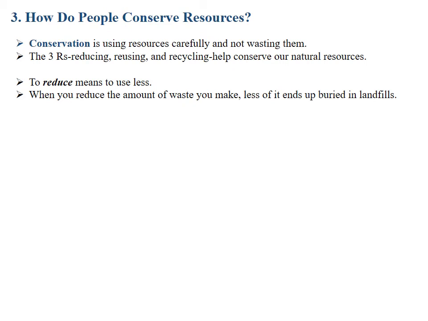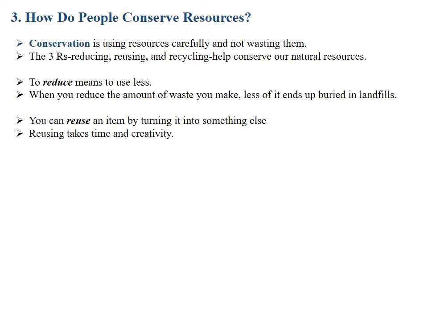Reduce means to use less. When you reduce the amount of waste you make, less of it ends up buried in landfills. For example, try using the same cloth shopping bag instead of a new plastic or paper bag every time you go to the grocery store. You can reuse an item by turning it into something else. For example, you can get your brother's old t-shirts, tear them into strips, and use them to wash the car.